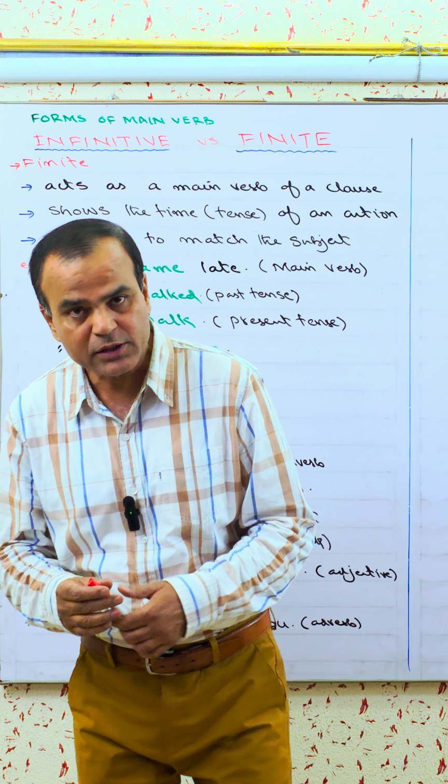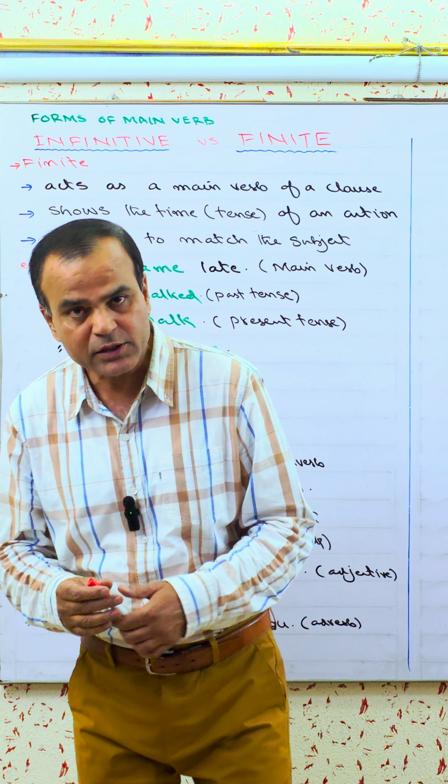How does it work? The first point that we have to keep in mind, that no doubt infinitive is a verb, but it functions as a noun, as an adjective to qualify a noun, and as an adverb to qualify a verb, or to give additional information about the verb. So infinitive has these three actions in sentences.